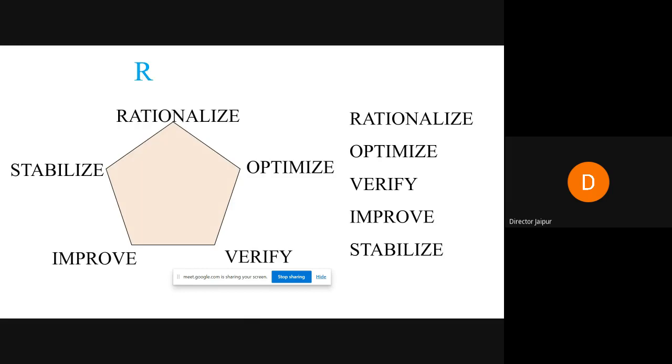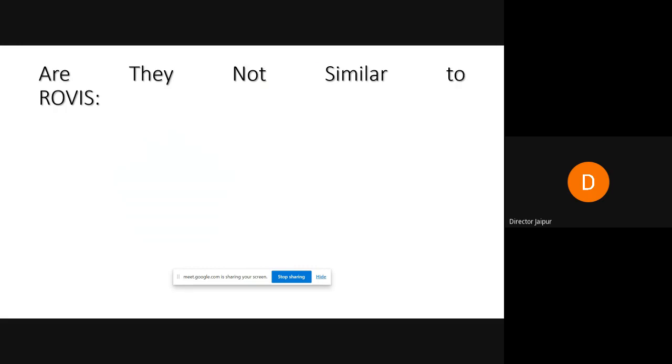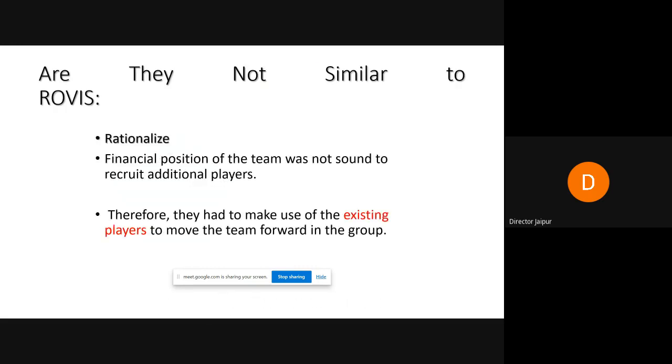And I have found that in the design thinking idea, there is empathy, and then frame, which is not here, but somehow you can say optimize, and then you verify, improve, stabilize. With a similar idea, which is ROVIS, you can almost find the same.